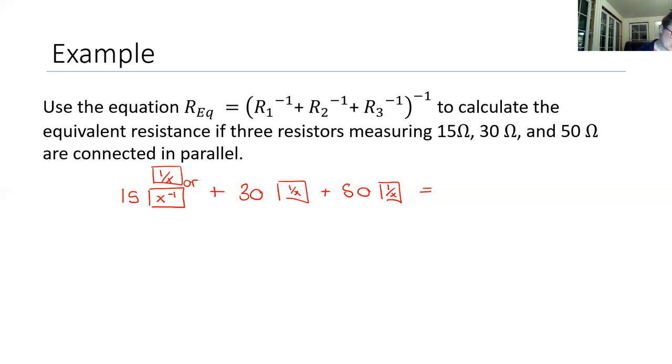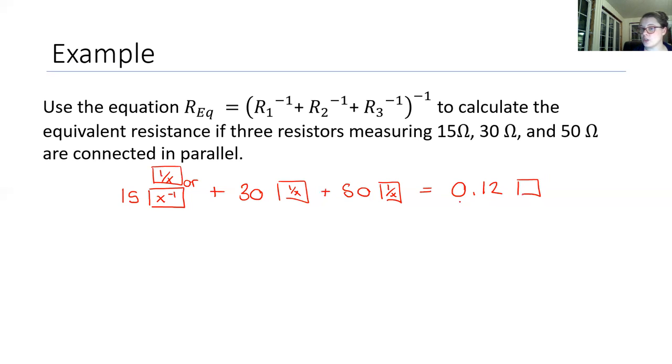Okay, and I'm going to give you the decimal that you're going to get just so that you know if you've got it. Okay, hopefully you have the same decimal I have. I get 0.12.